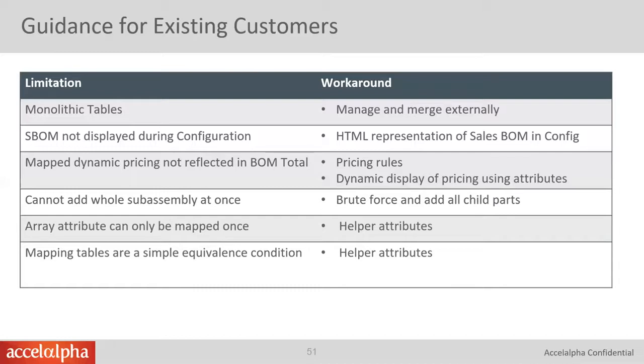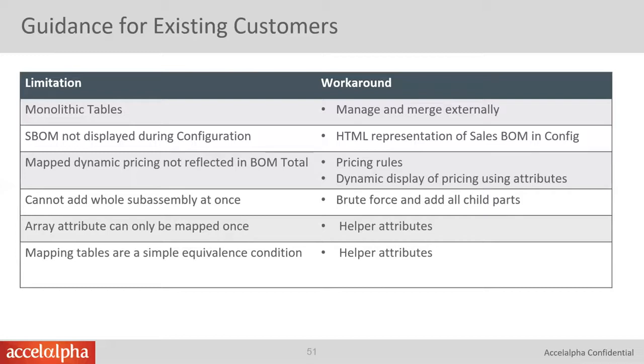The BOM tables are also a simple equivalence in terms of the condition, specifically the mapping tables, right? So when we're defining in the mapping tables the configuration attributes and their values that would result in a particular item, you only have one column to work with. It's configuration attribute and value. But if your condition under which you want to add that item is more complex, then you have to define a helper attribute. That helper attribute is generally set by the system instead of by the user.